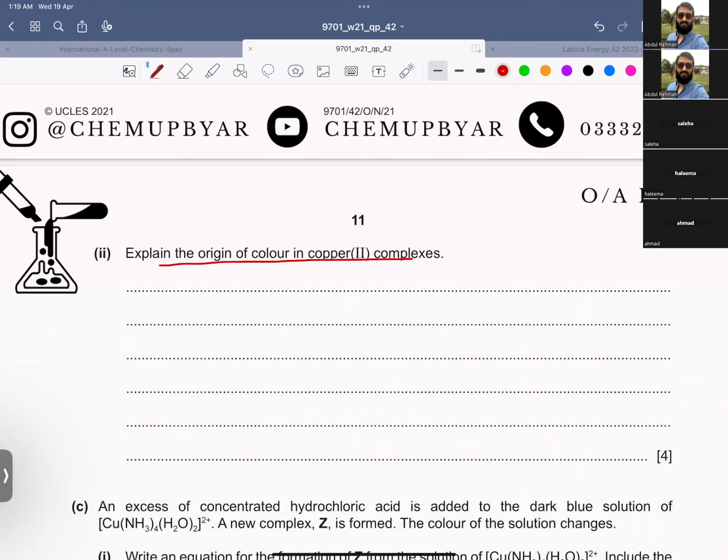So we know that first, when the ligand bonds datively with the metal in the complex, the d orbitals split into 2 different energy levels.